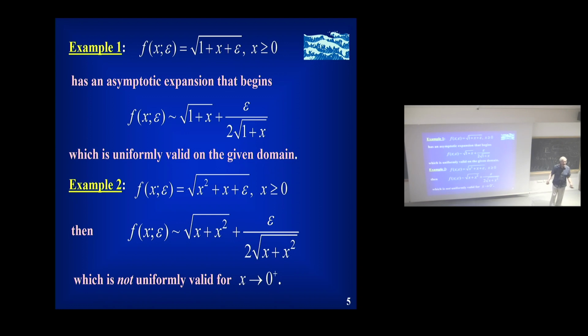For any other x, just do the expansion. Use the binomial expansion. You can get as many terms as you like. And we're again using the asymptotic sequence. We find it's the natural one, because that's what comes up when we just do the elementary expansion, is epsilon to the n.